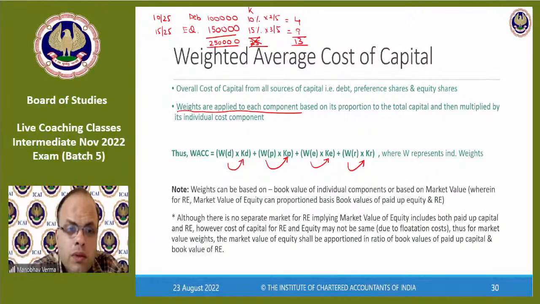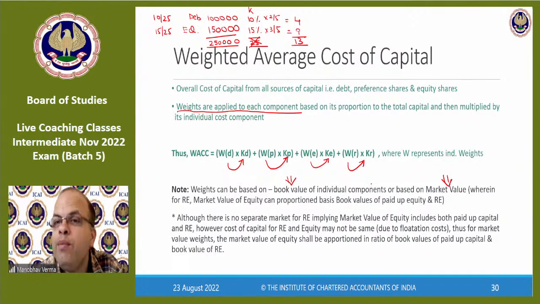Generally, your question in the examination will guide you whether you are supposed to take the book values as a weight or market value, or probably they can have two sub questions. They can ask you to calculate using different weights. So it's very important that we are very careful about what weights to use, whether we are talking about the book value or the market value.